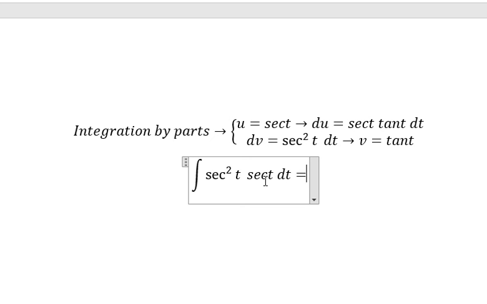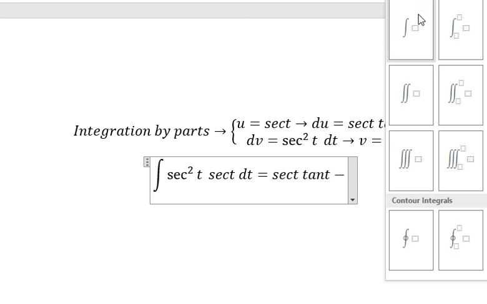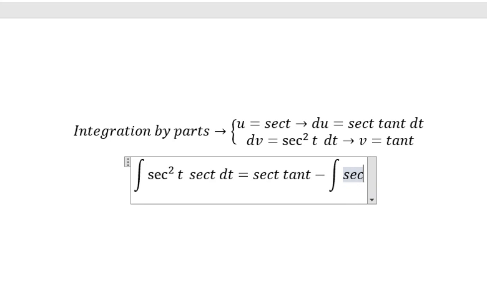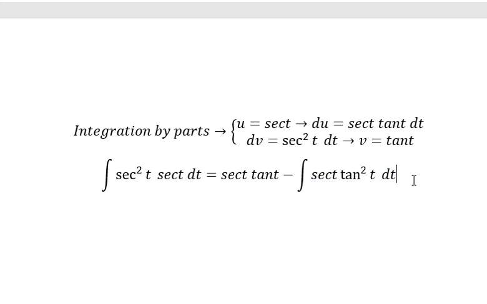So secant of t, that's u. So we get u multiplied by v, and you get secant of t tan t minus the integral of v du. So we get secant of t tan t square dt.